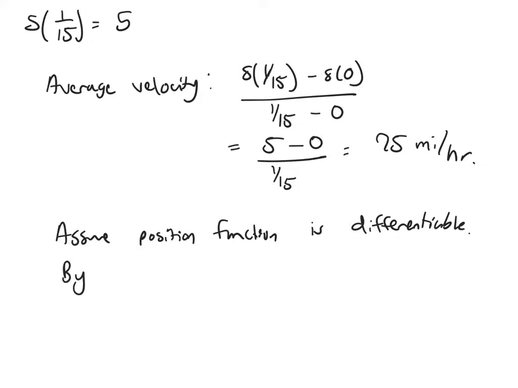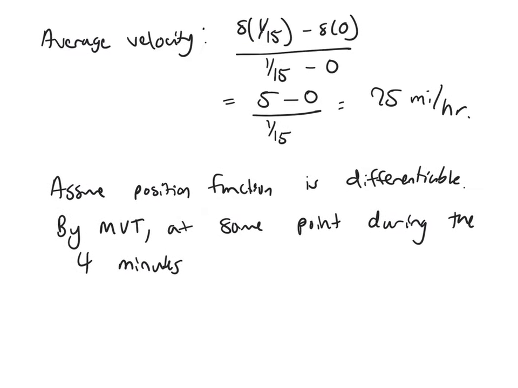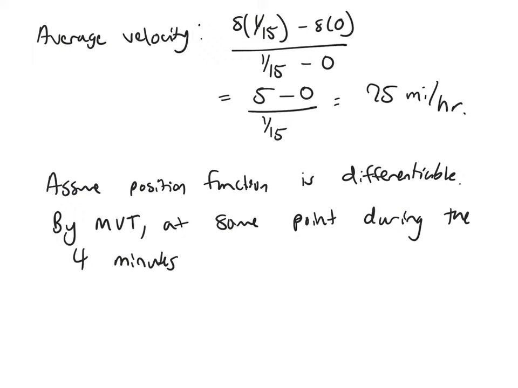By the mean value theorem, at some point during the 4 minutes that passed, the truck was traveling 75 miles per hour.